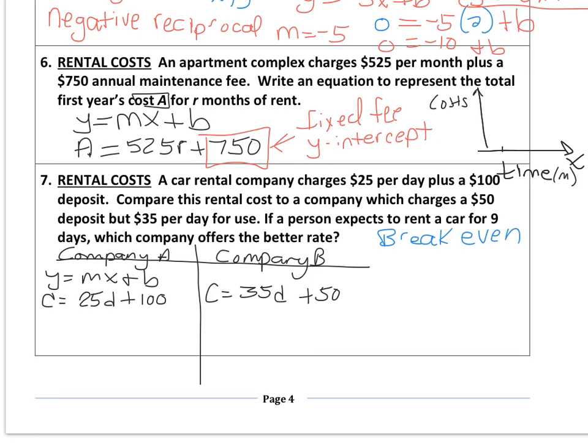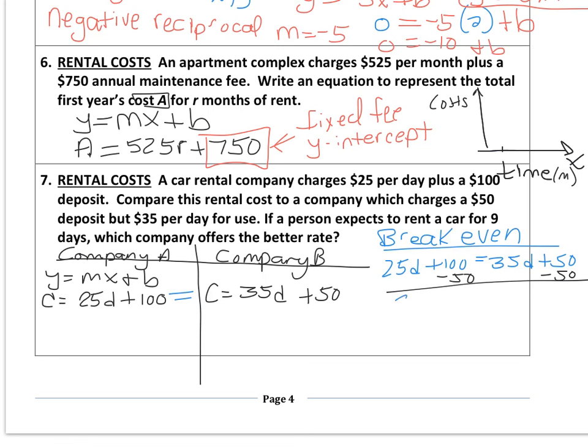Break-even is a term that we would use where we would set the two equal to each other and look at number of days. So if we look at that, I'm going to put the 25 times days plus 100 deposit equal to 35 times day plus the 50. Let's see how many days that they would be identical. So we're going to solve for D. I'm going to subtract 50 from both sides.